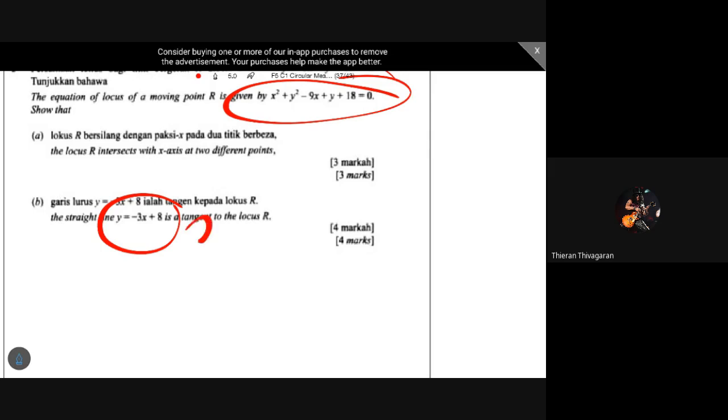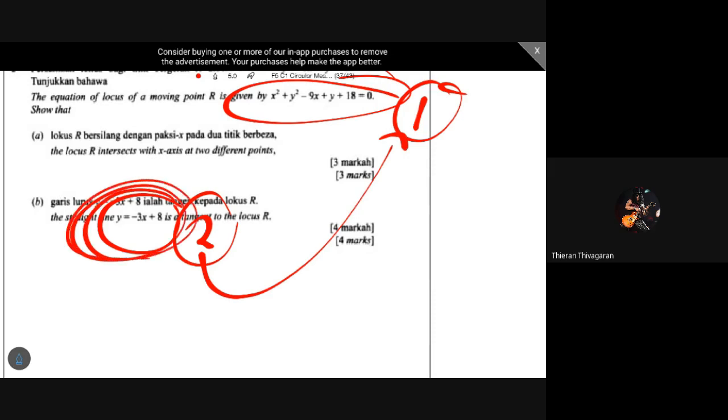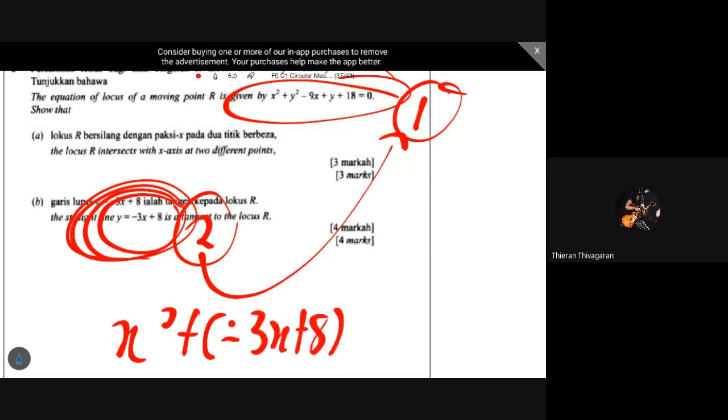Yes, very good. Sub 2 into 1. If this is equation 2, this is equation 1, saya boleh gantikan persamaan kedua dalam persamaan pertama. Because y is already expressed in terms of x over here. Y sudah diungkapkan dalam sebutan x. Means I can write like this. Semua term y, saya gantikan dengan yang ni.